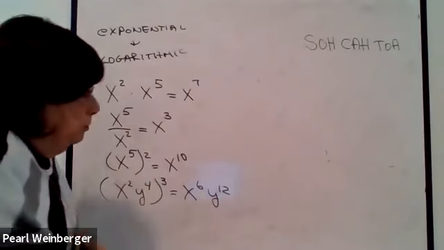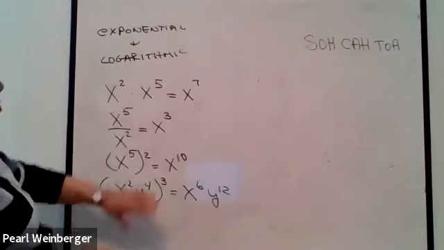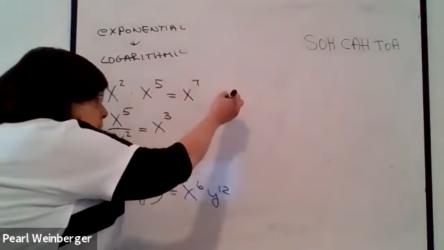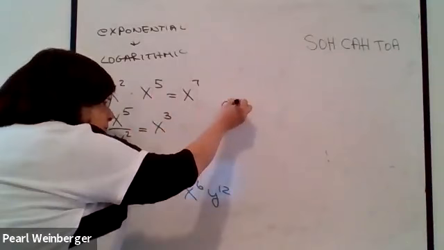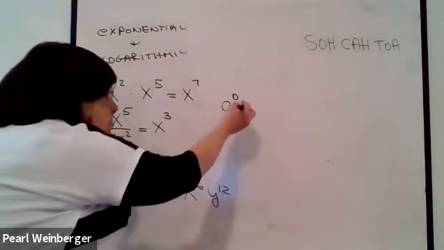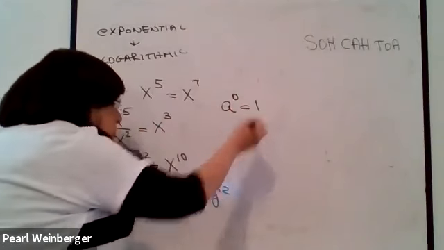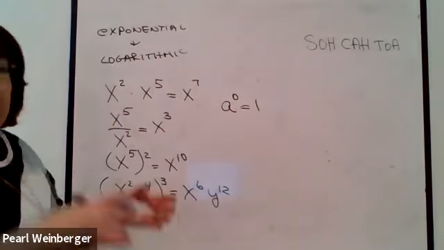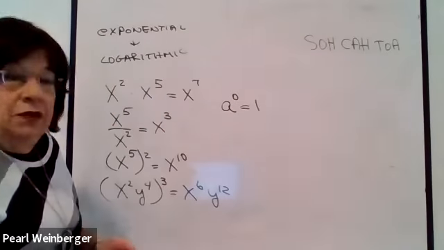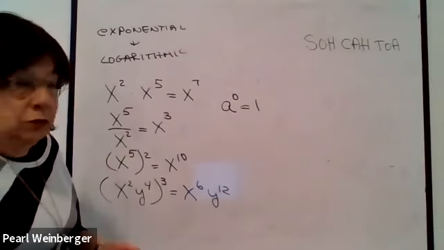We also mentioned that any number to the 0 power always turns out to be 1, whether it's a million to the 0 power or 0.7 to the 0 power, it's equal to 1.